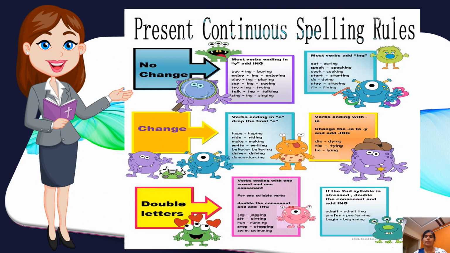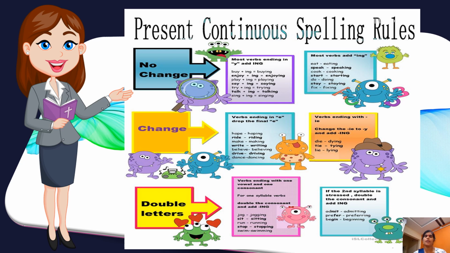Children, before framing the present continuous tense from the present tense, we shall see some of the spelling rules to be followed while changing it into present continuous tense. The first rule, there will be no change in the word even after adding the letters ing to the base word.